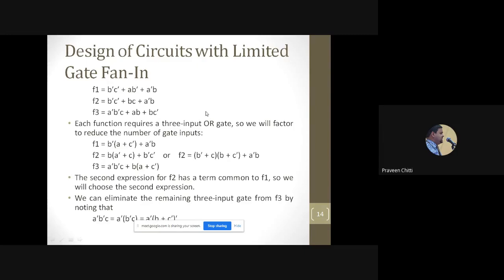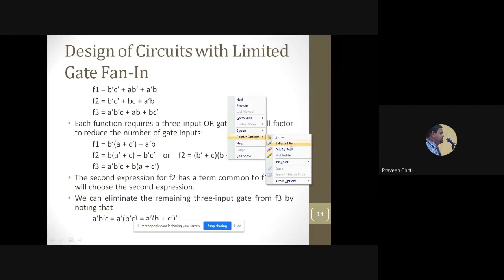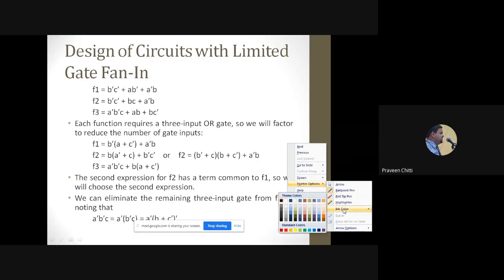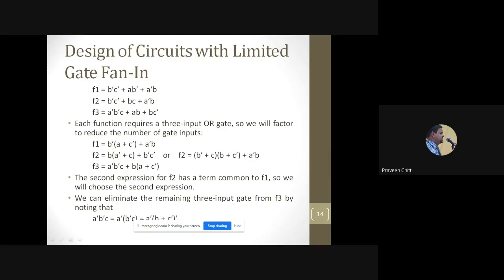Is that clear? Now, if you observe these three functions, how can they be implemented? What is the hardware required to implement these? Each function requires a 3 input OR gate because it is a sum of 3 product terms.